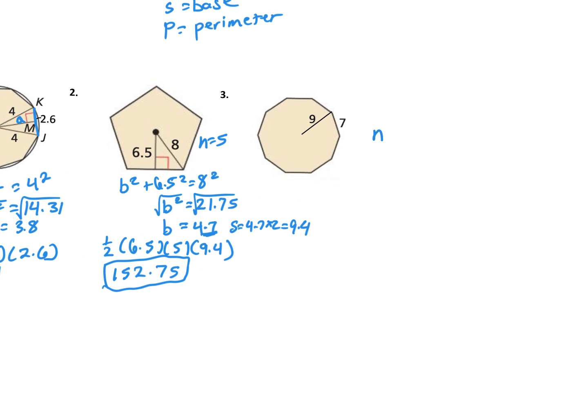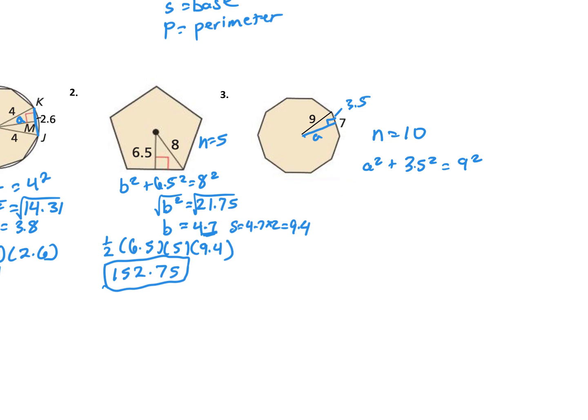Last one, we have N. If we count around, there's 10 sides. Let's use our triangle here. So if I drew a triangle all the way to the apothem, it goes down to the middle. So this is 3.5, and we'll call this A for the apothem. So we do A squared plus 3.5 squared equals 9 squared.